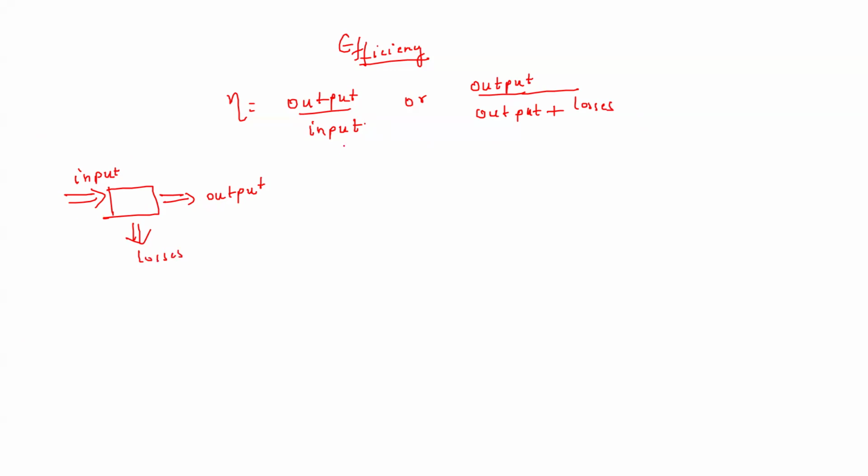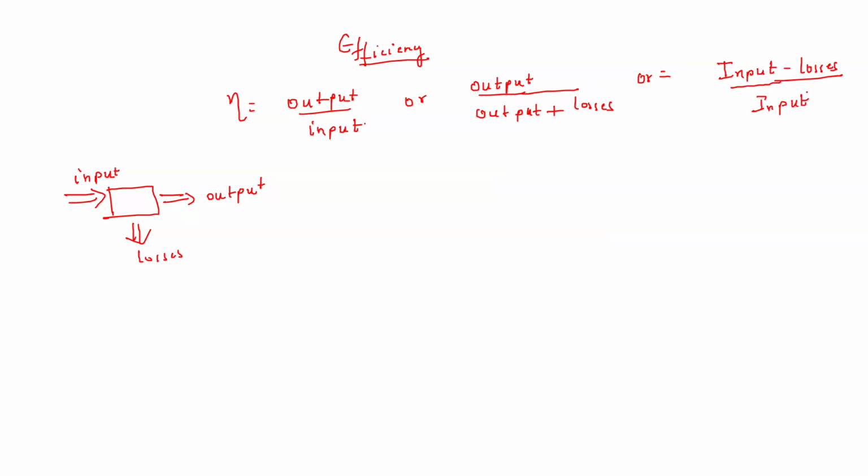Instead of input, because input power consists of output plus losses, I've written it as output plus losses. Or you can also write it in terms of input as input minus losses by input.